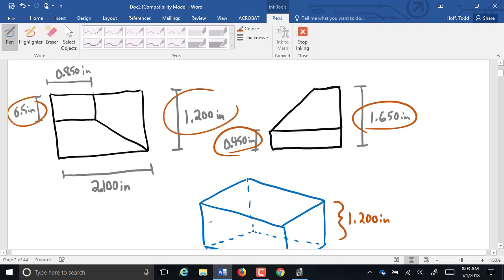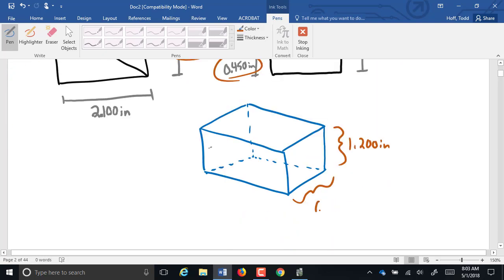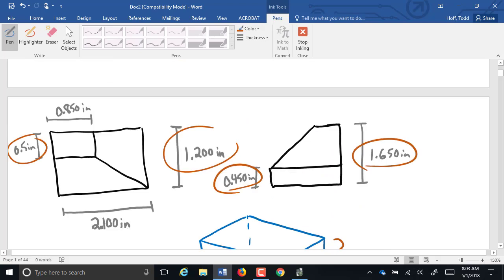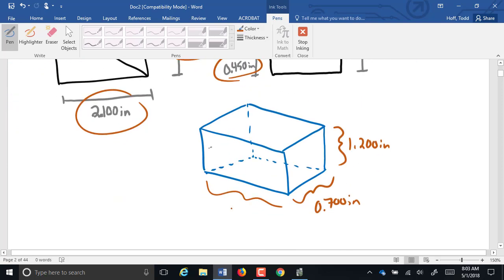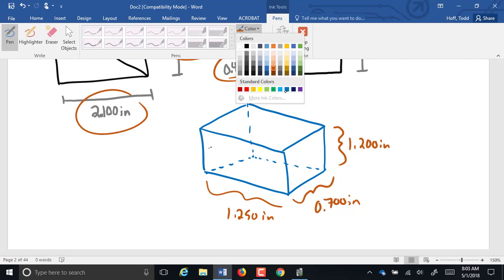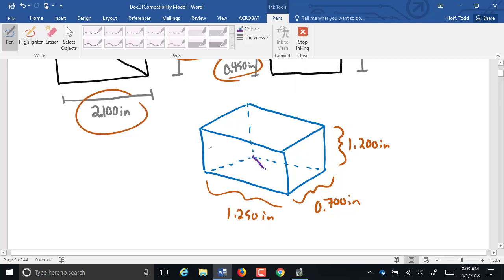This dimension here is the difference between those two. 0.7, right? This one is the difference between these two, which is 1.25. So then, this is my rotation.